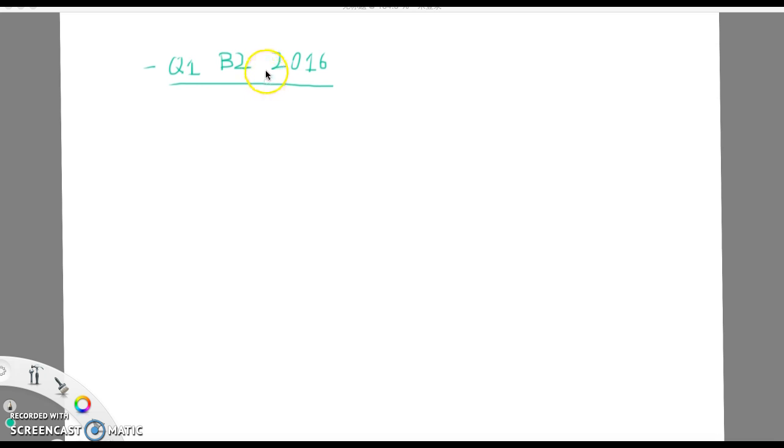This paper is just terrible. It's not difficult when you do it for the second time, but when you do it for the first time, you will find it's a terrible paper. It's not because it is difficult, it's because all the questions are really badly worded.